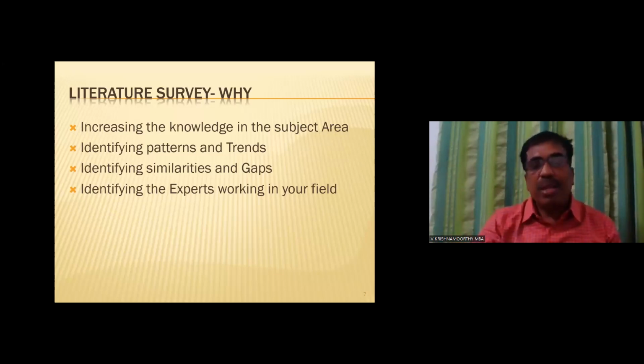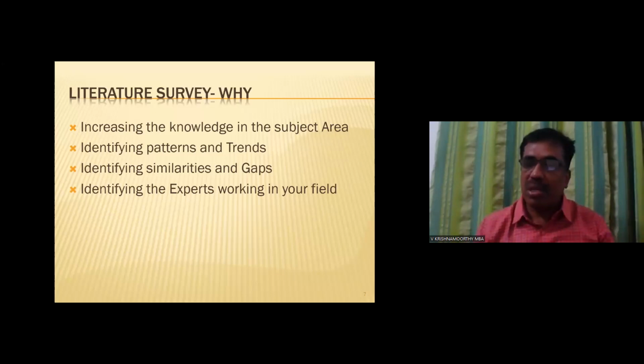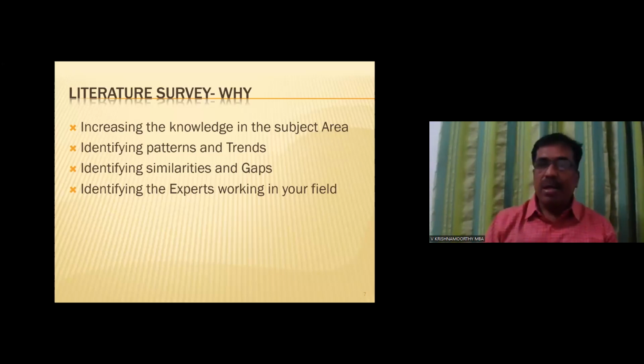Another important thing, you can also identify experts working in your field. That is also very, very important. Universities, higher level institutions, and accrediting agencies like NAAC or NBA give much importance to collaborative research work.